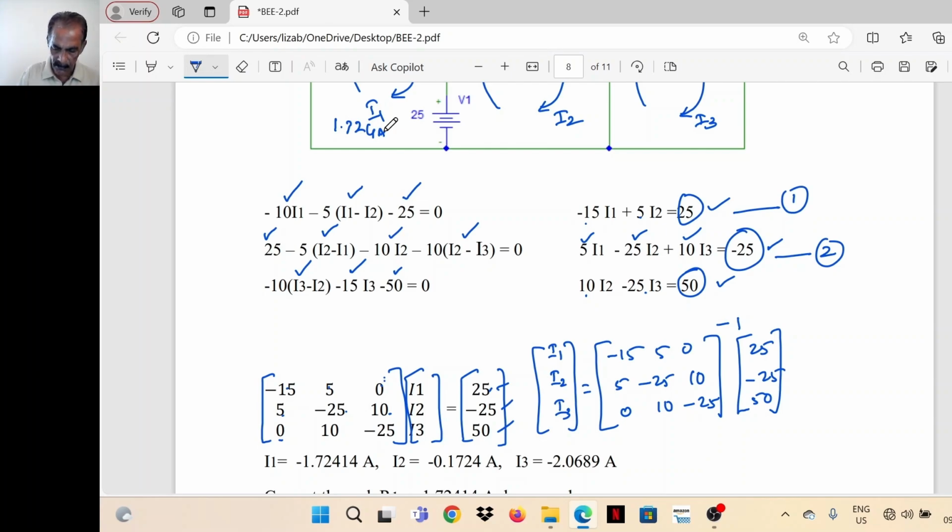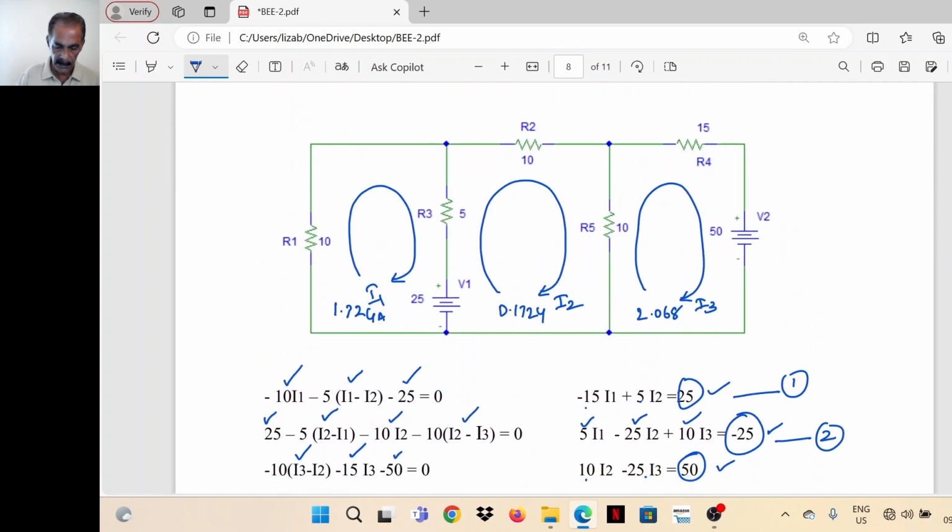I2 is 0.1724. I3 is 2.068. And I have to reverse all the directions.